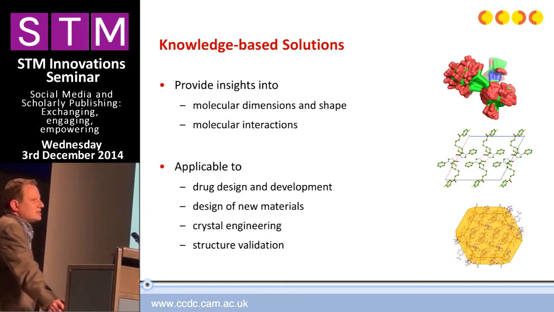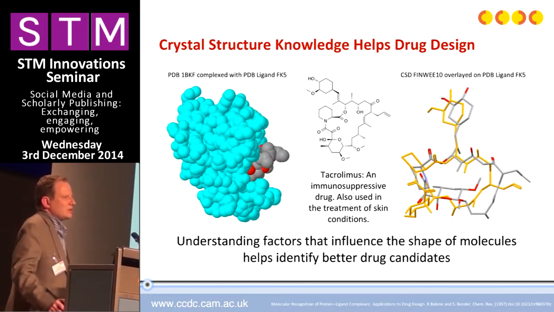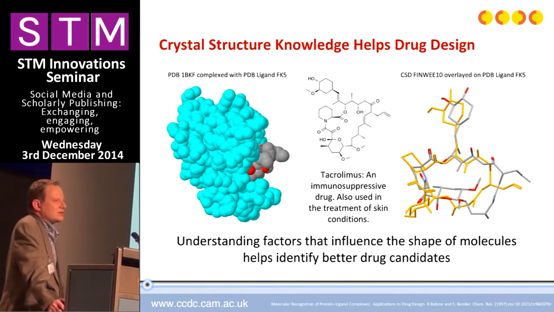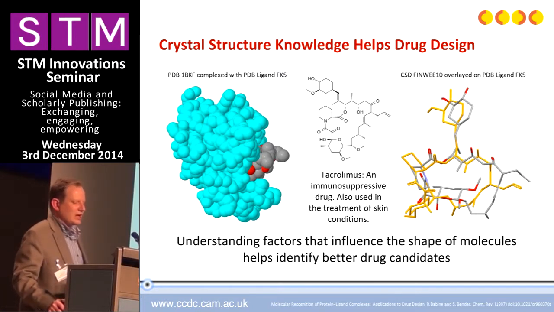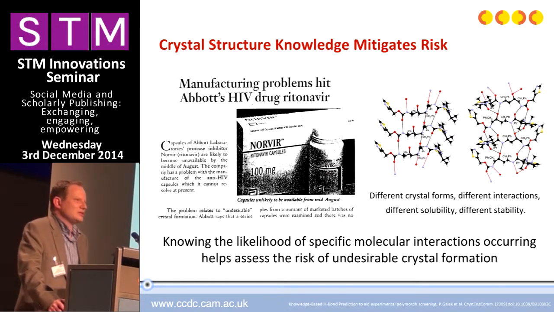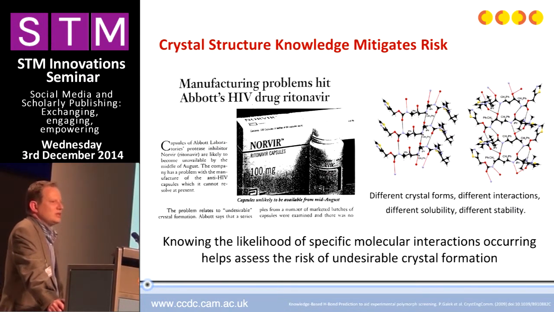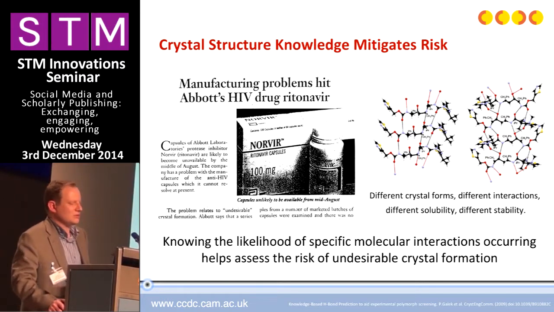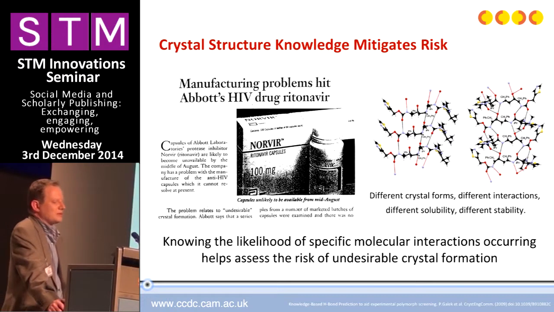If we know the factors that influence the shape of the molecule, we can use this knowledge to optimize the design of a drug so it fits more comfortably in the cavity of a protein. Comparing structures can give insights into chemical and biological mechanisms. And if we know the likelihood of particular molecular interactions occurring, then we can use this information to help avoid manufacturing disasters that can result in a drug being taken off the market.